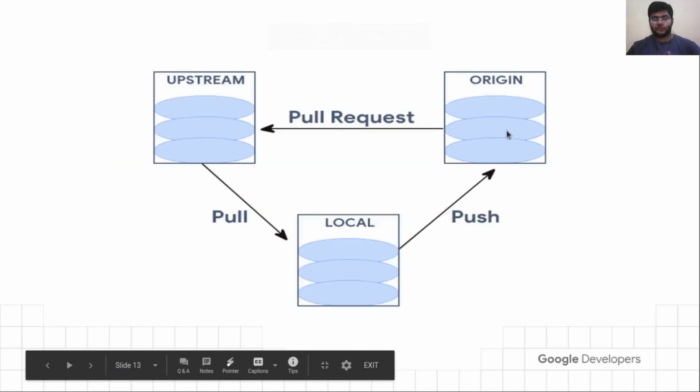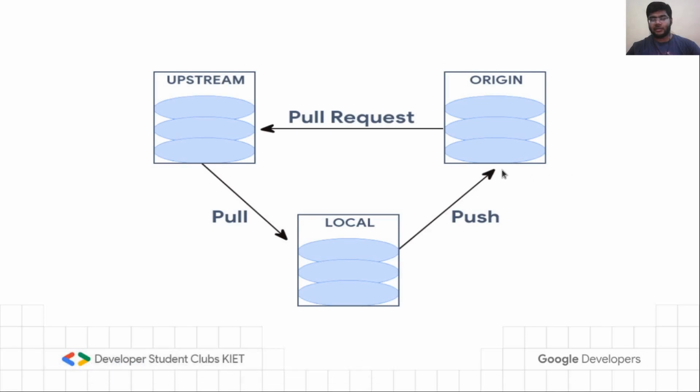So let's see how the cycle of working in teams works. First we have an upstream repository which is hosted on the organization's account. We fork this, and we get the origin repository on our GitHub account. Next we clone this origin repository to our local. Since we are cloning, origin is already added, then we add our upstream.